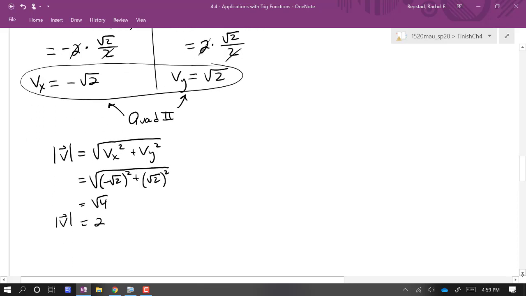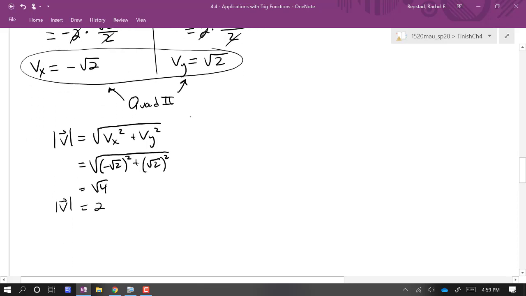For the direction, now we've been using a lot of stuff in radians. With vectors, it's still pretty customary to give the direction using degrees. If you choose radians, that's totally fine. Chances are pretty good if you check any answers in the back, in the exercises, they might be using degrees.